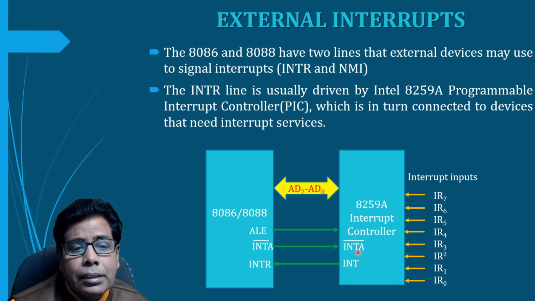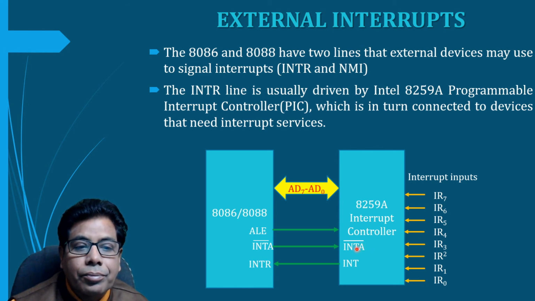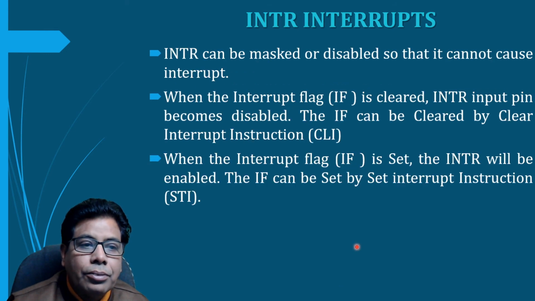When the acknowledgement is sent, the 8259 will also give the interrupt type number on the data bus.